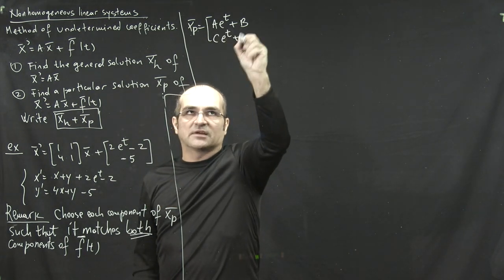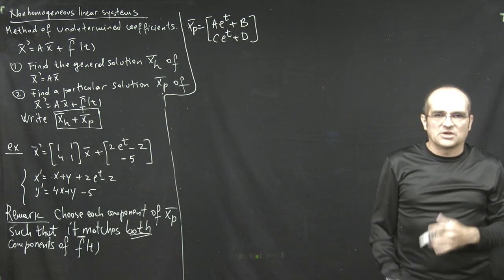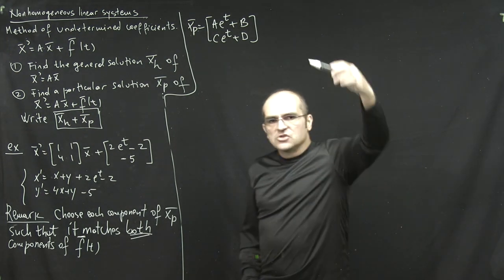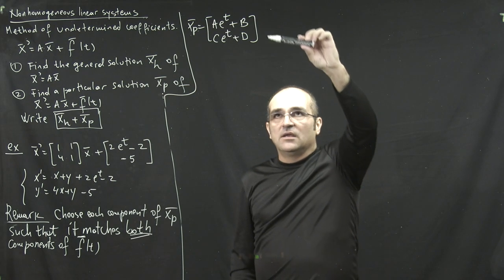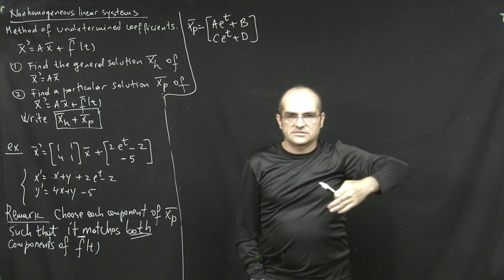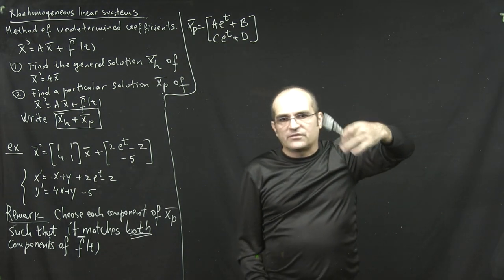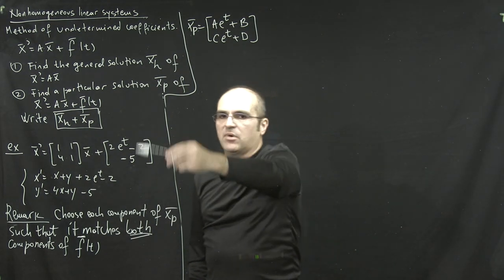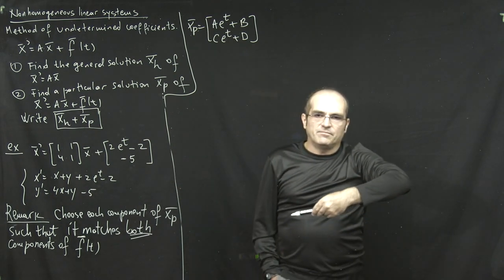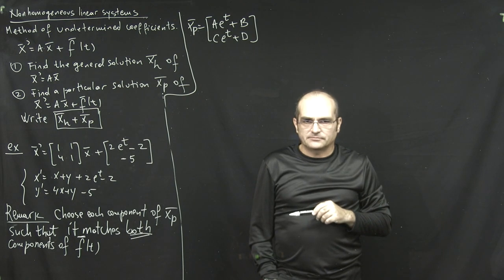We cannot assume they're the same, but in the same manner, right? Exponential plus a constant. So when you choose xp correctly, these entries should basically be the same, but with different coefficients. So same format for both entries with different coefficients, but the same format matching both entries of f bar of t, of the non-homogeneous term.